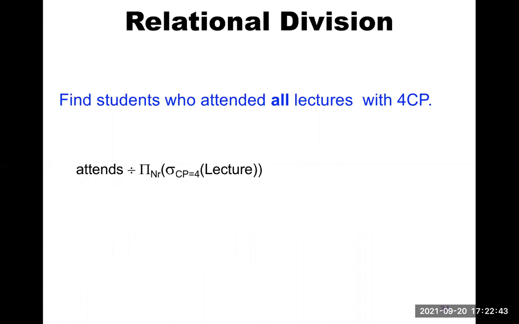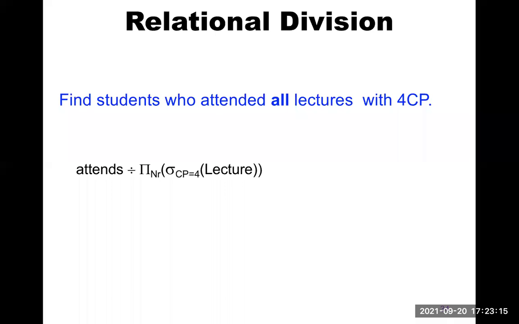Quite a complex operation called relational division, and that's the reverse operation for join. If join is something like multiplication, we multiply essentially two tables and then extract something. Division is the reverse operation. Result of relational division is a table.